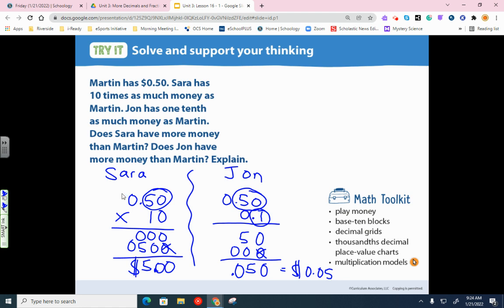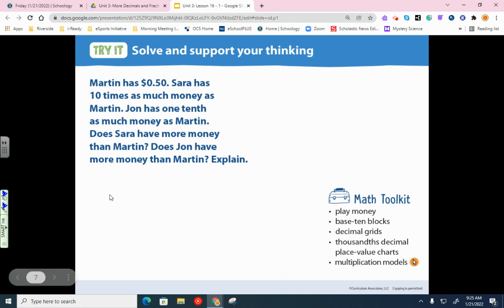So you can see that if you multiply a decimal by a decimal, you're going to end up with a smaller value. If you multiply 10 times a whole number, your decimal number becomes a much larger number. So just keep that in mind when you're doing your multiplication.